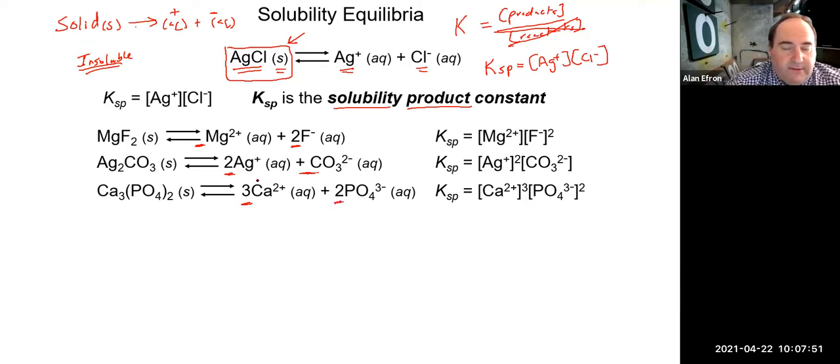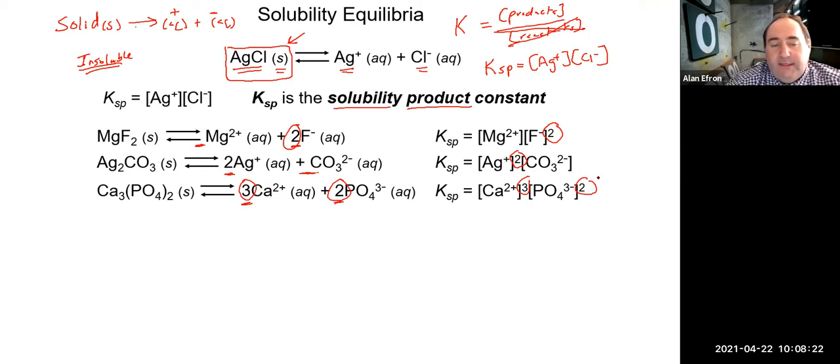So even though it's a little bit different in the sense of no reactants, it is still an equilibrium constant, which means we still need to take those coefficients into account. So it's really important to understand how these ionic compounds break apart so that you again do get the correct Ksp expression with the exponent that's there. Any questions on that there?